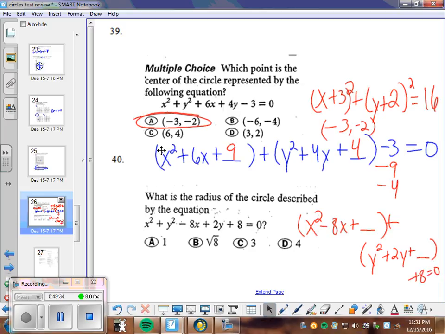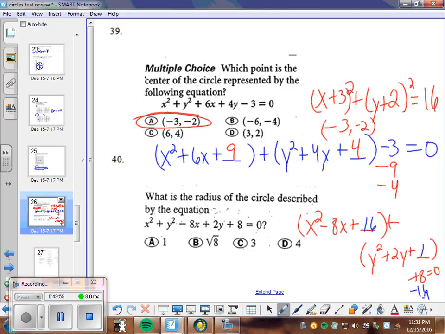Okay, so half of 8 is 4, 4 squared 16, subtract 16. Half of 2 is 1, 1 squared is 1, subtract 1. So you've got +8 and -17. So -17 and +8 gives you a -9.